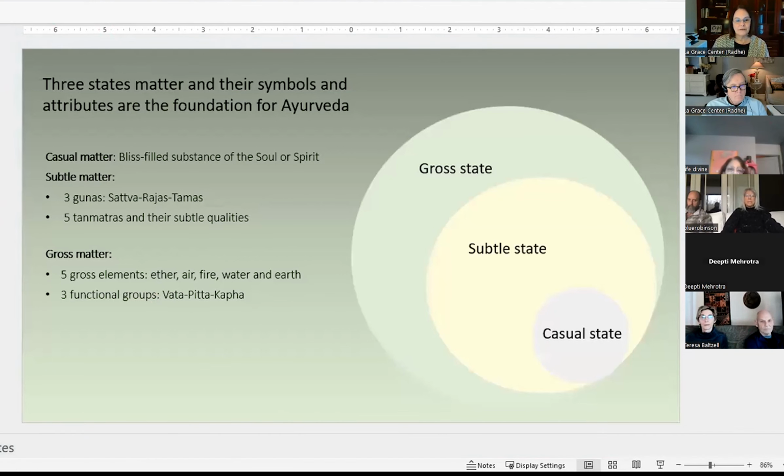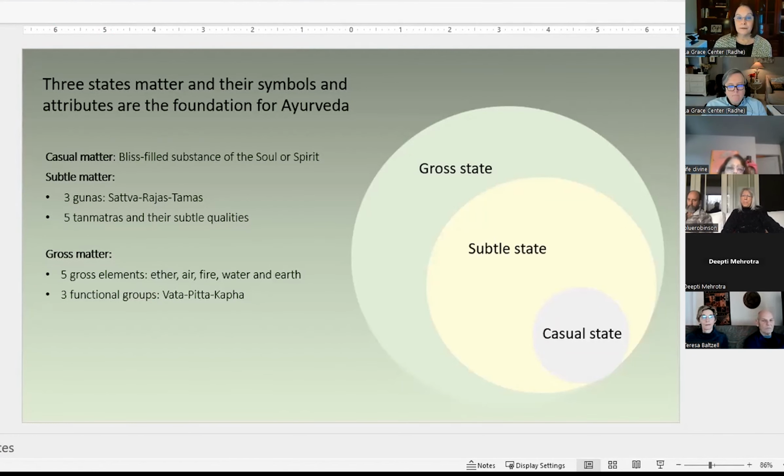So just to summarize, back to these 3 states: we have the causal matter, which we said is a bliss-filled state, and it really represents a soul or a spirit, which Ayurveda acknowledges. Then the subtle matter, which comes out of the causal, includes the 3 gunas, Sattva, Rajas, and Tamas, to which Ayurveda adds 16 various combinations.